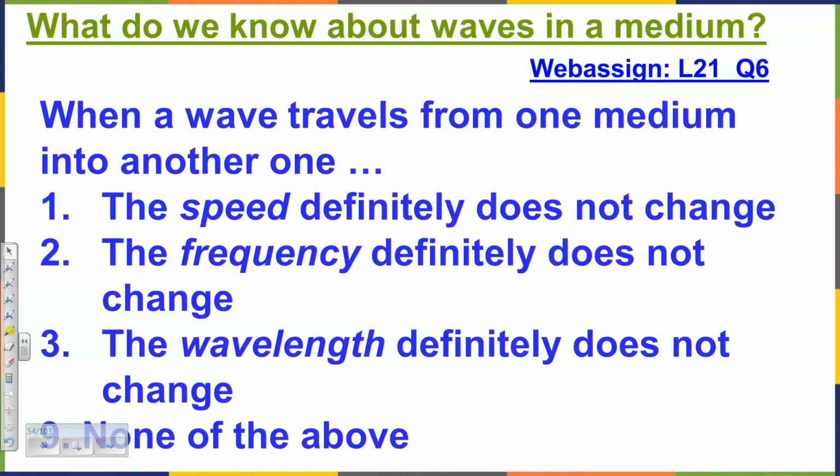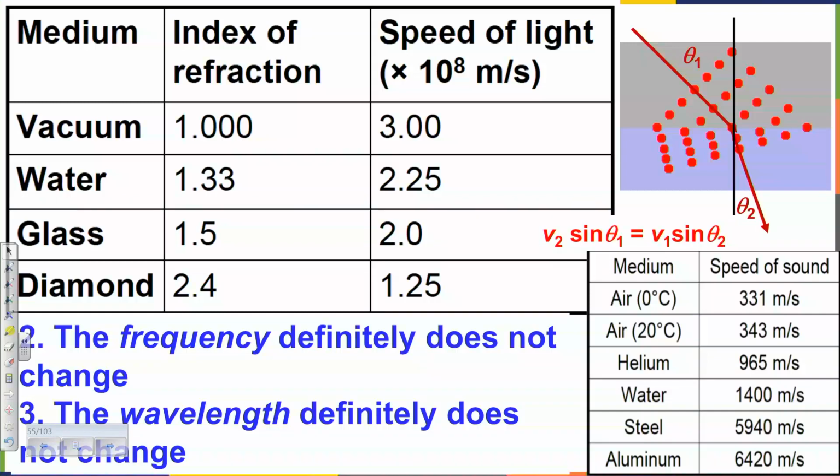So, first of all, don't answer that speed does not change, because we know it does. This is a copy of a slide from before. When light travels from one medium into another, the speed of the light changes, or the speed of the sound changes.